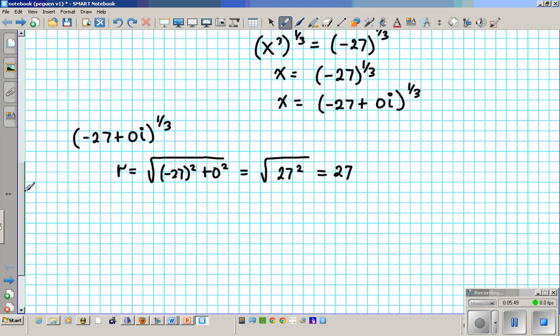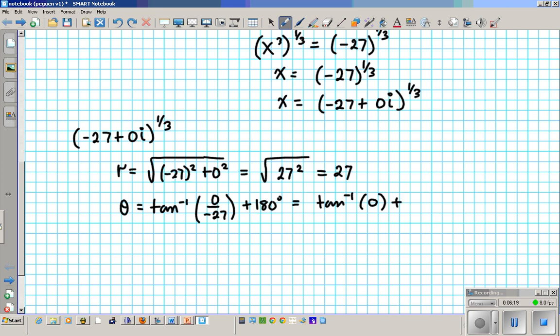Alright, what is my theta value? Theta is the inverse tangent of b over a, which is inverse tangent of 0 over negative 27. Since x is negative, we have to add 180 to our answer, right? Remember, whenever x is negative, you have to add 180, or pi. Inverse tan of 0 over anything other than 0 is 0.